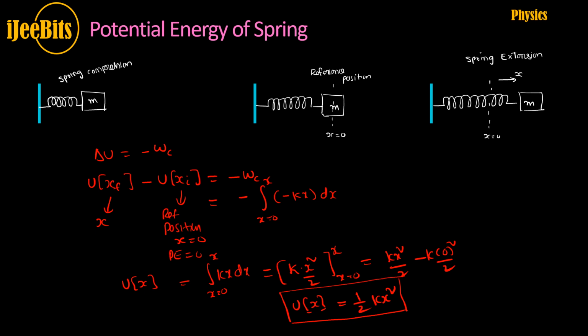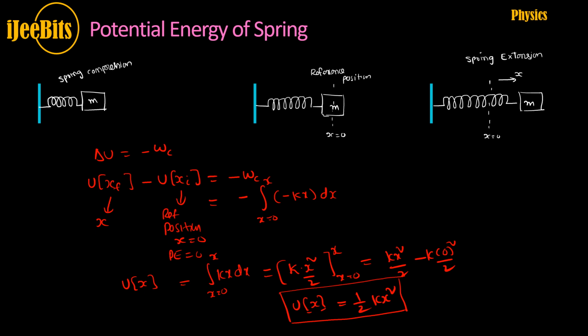Are you clear? So we spoke about a general definition, and we spoke about a spring, a reference position, and then a spring extension, spring compression, and then we take an example of extension case and then applied work energy theorem, and conservation of mechanical energy also we studied.